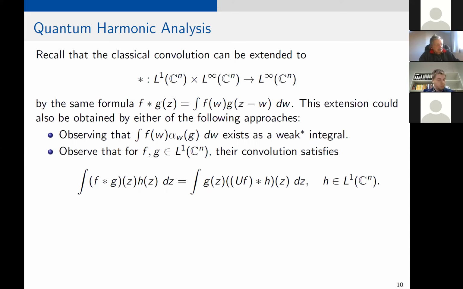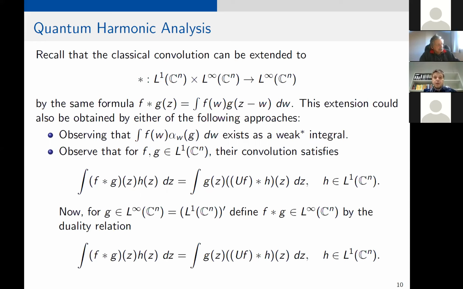This you can just show with Fubini. So you have this for f and g in L1. And now if you want to define the convolution where the second factor is in L infinity, you use that L infinity is the dual of L1.